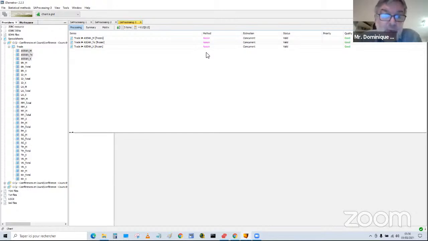So you see, we are tuning the specification. The first week, we just learned a bit of the software, how to be comfortable with it. And now we are playing with the specification, so it's a much deeper use of the software.